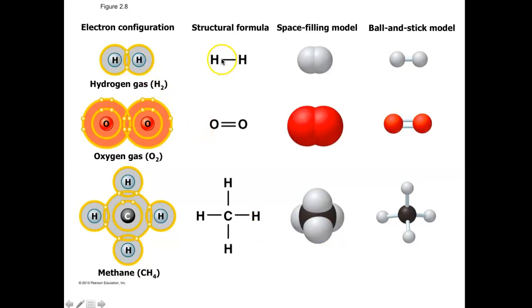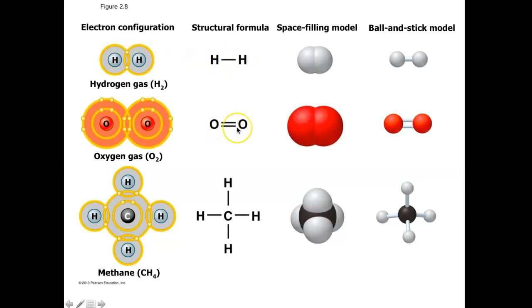A single bond, this line, shows me that they're sharing. These lines between atoms are always covalent, okay? So it shows me that there's one electron from one hydrogen that it's sharing with the other. So there's two electrons being shared here, right? One electron from each atom.